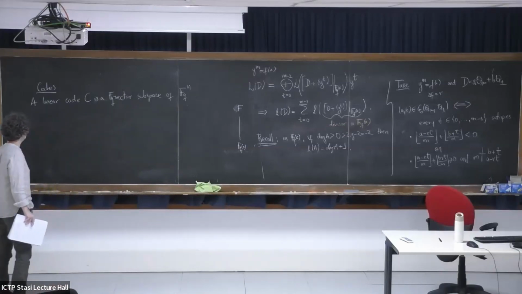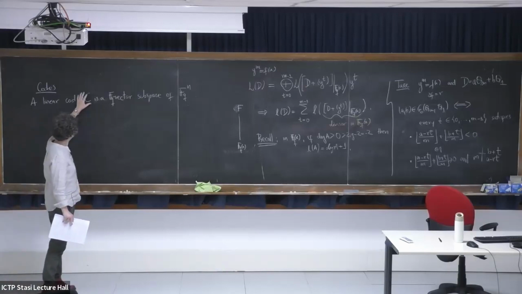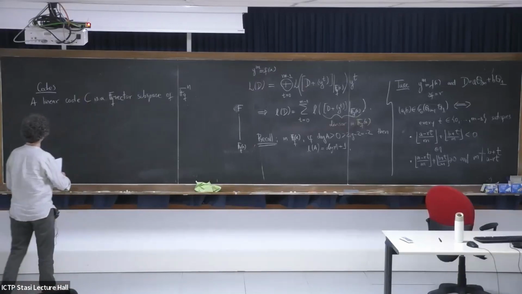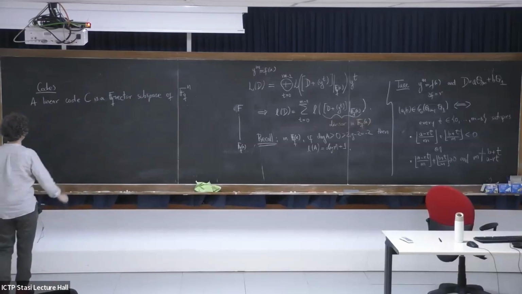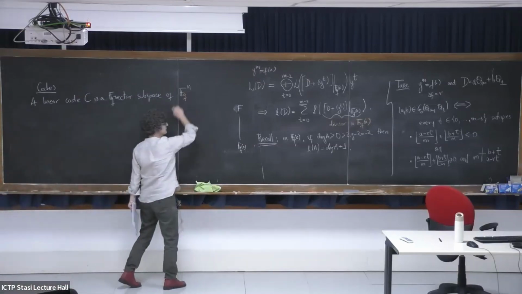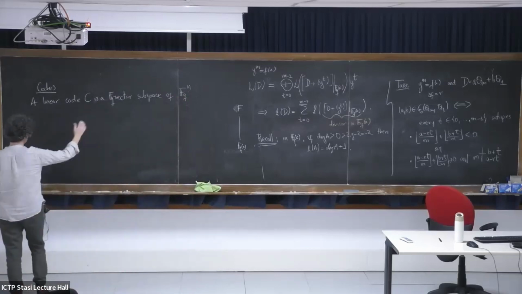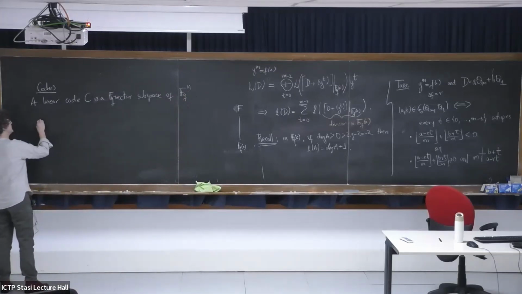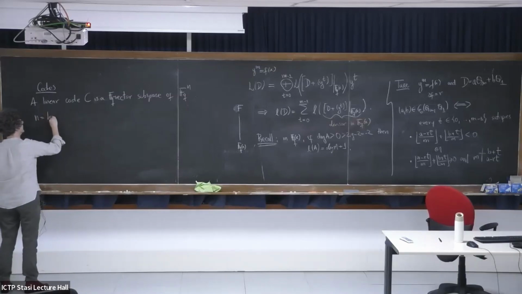What we are going to do here is use algebraic curves later to define these codes. So a code is this. We say that n, the size of the ambient space where it lives, is called the length of the code.